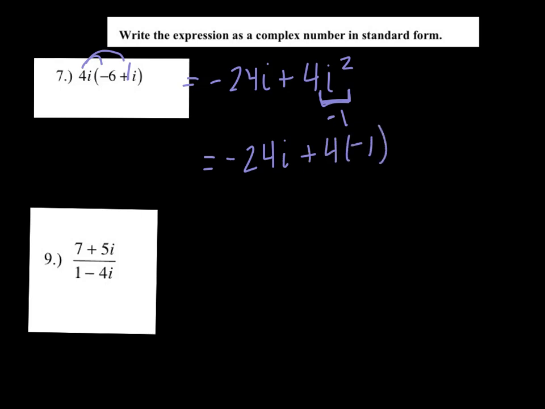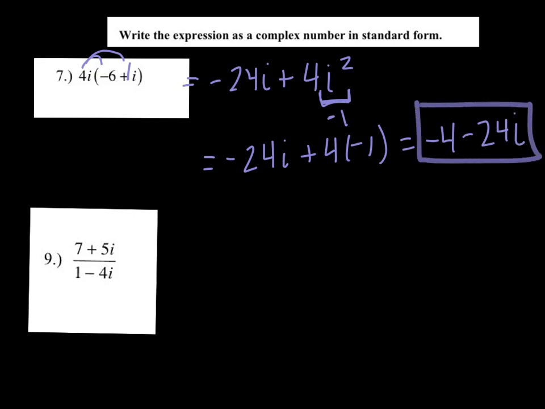That i squared has been replaced with the value negative 1 because that's what it's equal to. So this just becomes, well, 4 times negative 1 is negative 4 minus 24i. We now have a real part and an imaginary part, and we're done in standard form. So remember, when you see i squared, it gets replaced with the number negative 1.